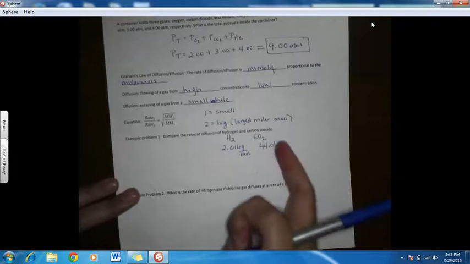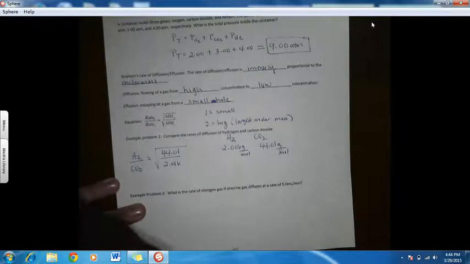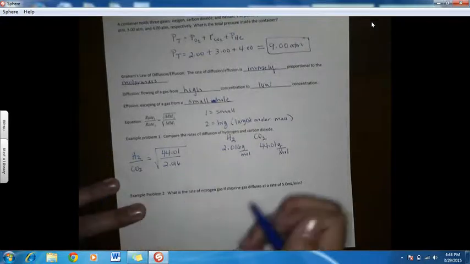Since carbon dioxide is the bigger one, I'm going to call that my number 2 gas. So we're comparing hydrogen to CO2, which is equal to the square root of 44.01 over 2.016. In the calculator, you can put the square root and then parentheses 44.01 divided by 2.016, and you get 4.67.